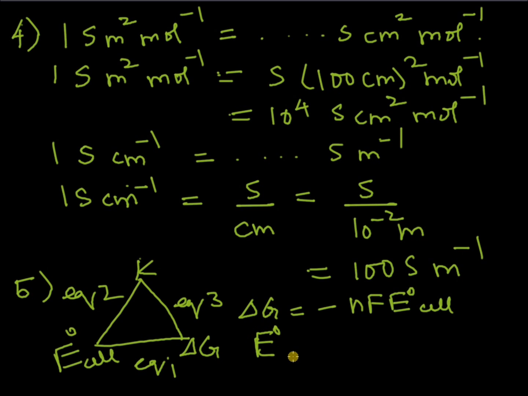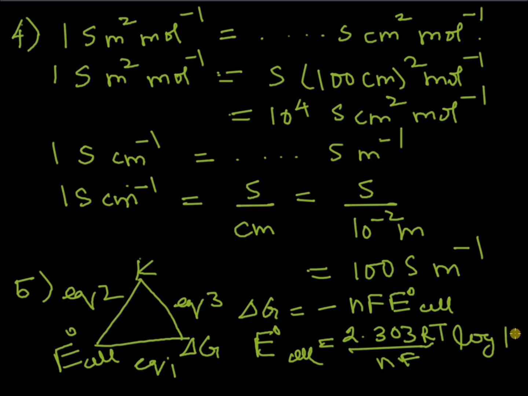E naught cell is equal to 2.303 RT by NF log K, and the relationship between K and del G is del G equal to minus 2.303 RT log K. So when it is represented this way, you will easily remember the relationship between the 3 values K, E naught cell and del G.